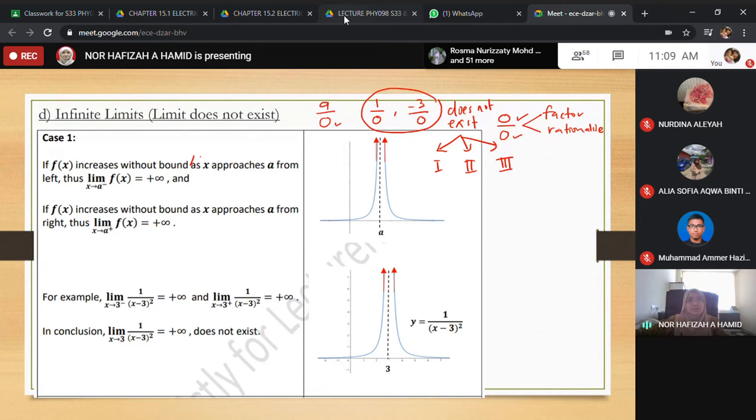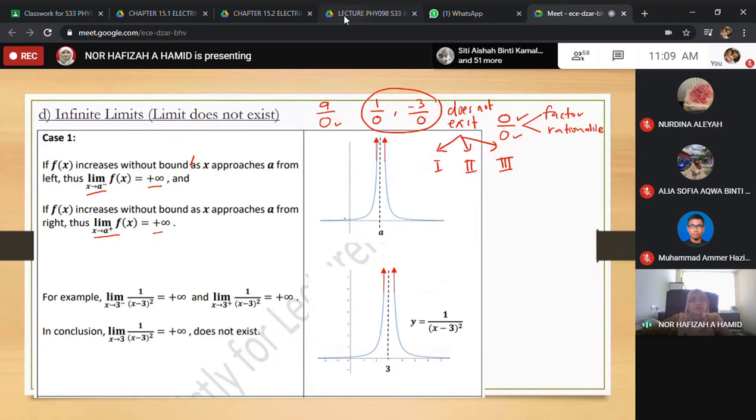Okay, so for case 1, if f(x) increases as x approaches a from the left, so when x approaches a minus, we have positive infinity. And when x approaches a plus, or x approaches a from the right, we also have positive infinity.